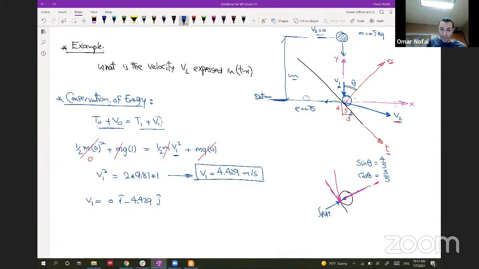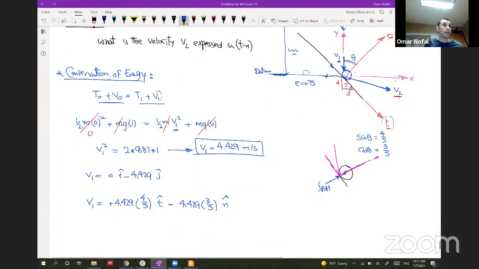we will have V1 equal to positive 4.429 multiplied by the sine component, so sine theta, 4/5, and it's in the tangent direction because tangent is positive. But the cosine component is in negative n, so I put negative 4.429 multiplied by 3/5 in the n hat direction.